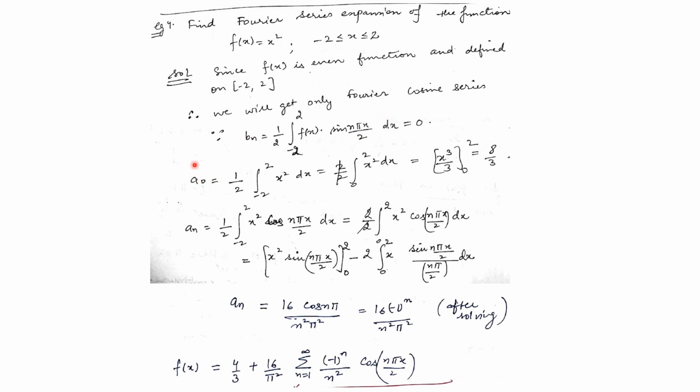We just have to find the value of a0 and an. a0 will be 1 by L integration of x square from minus L to L, which is the same as twice 1 over L integration from 0 to L of x square. So we get the value of a0. In the same way you find the value of an. Now substitute the values of an and a0 in the main series and you will get the Fourier cosine series of the even function on the interval minus 2 to 2.